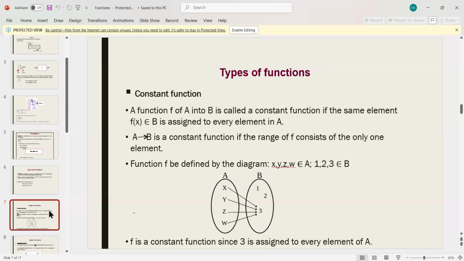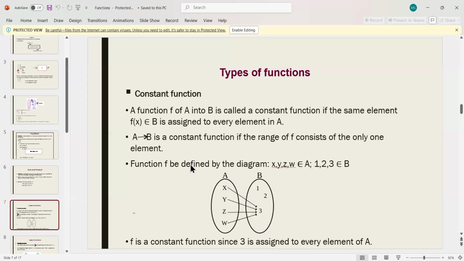Now there are various types of functions. Constant function. A function of A into B is called a constant function if the same element f of x, a member of B, is assigned to every element in A. Then f from A to B is a constant function, if the range of f consists of only one element.